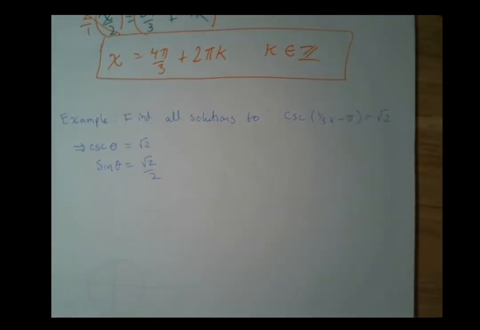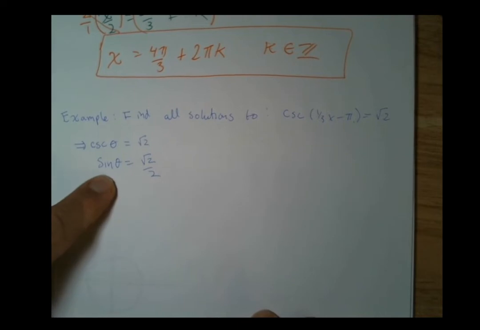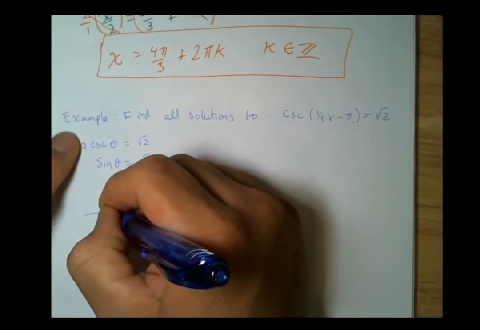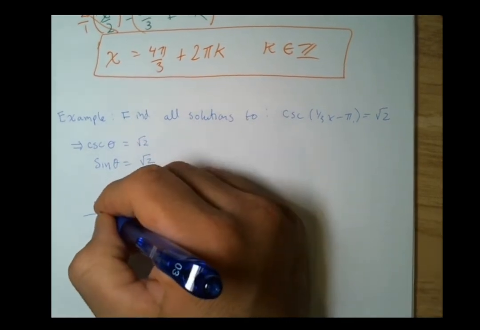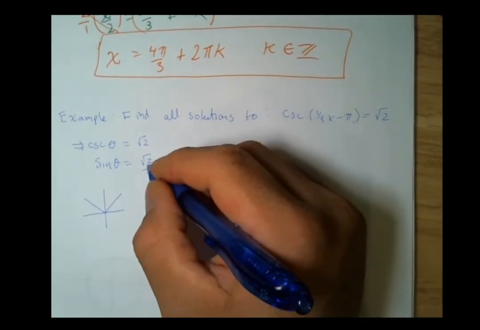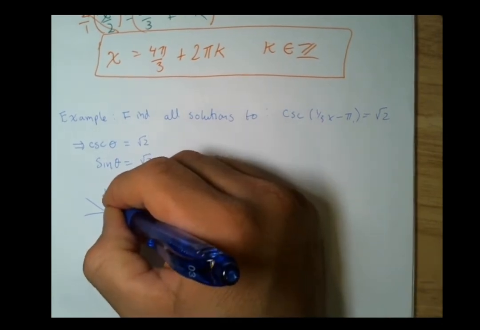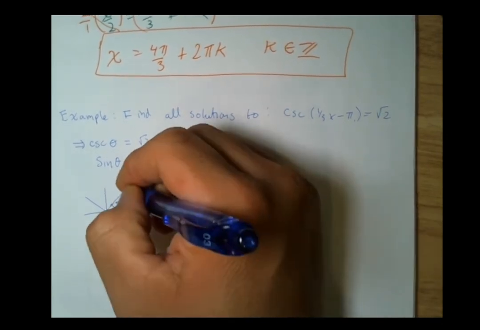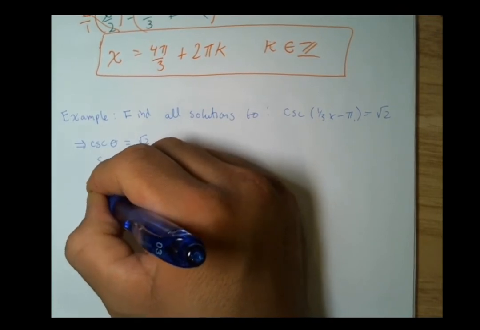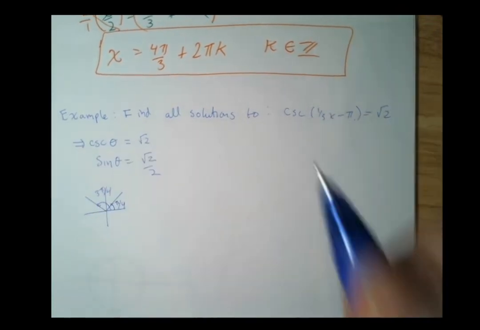Okay, so we're looking for values of the sine that are positive, and that happens in quadrant 1 and in quadrant 2. Right. This is on our unit circle. This corresponds to pi over 4, one of our thetas, and the other theta is 3 pi over 4.